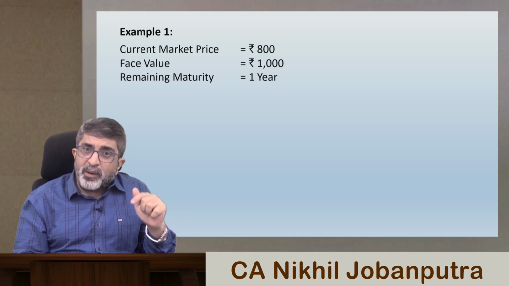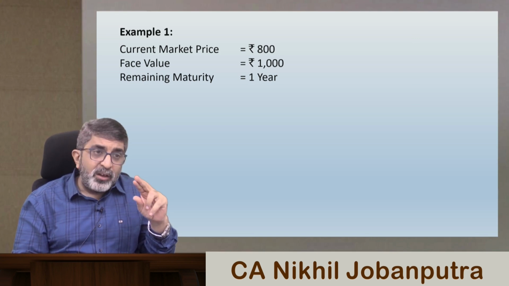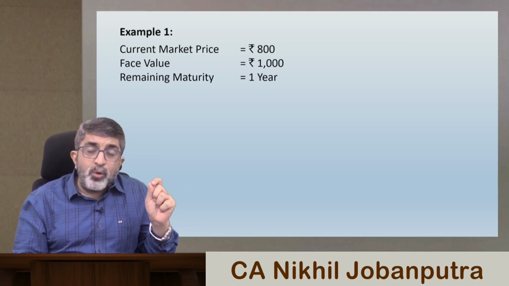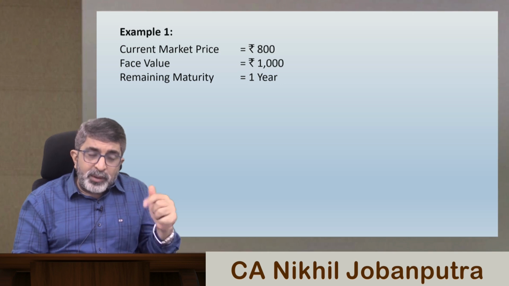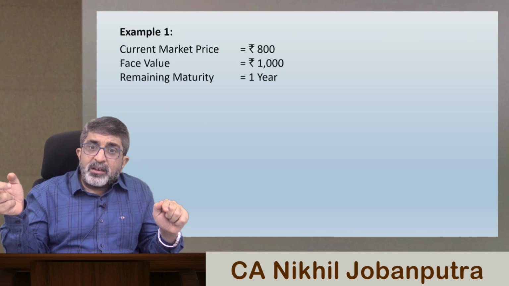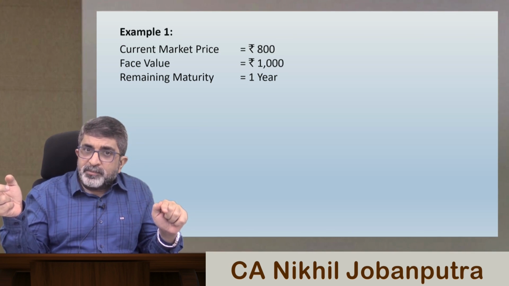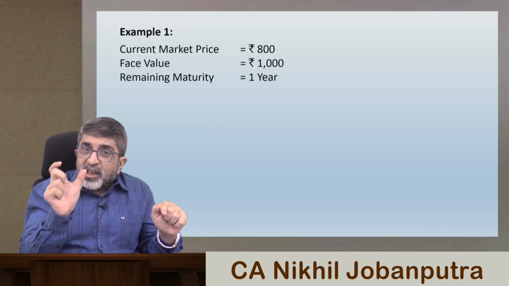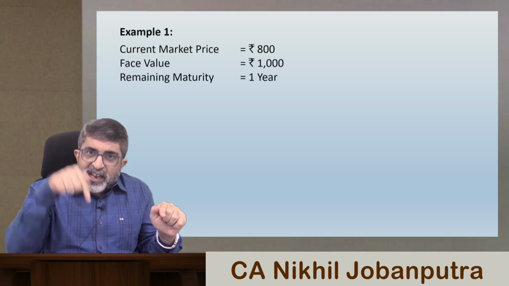In the same scenario, if I have to compute the bond equivalent yield, then it will not be computed that way. Bond equivalent yield is computed a little differently. There the objective of the investor is a little different. How? The investor believes this way: I am investing rupees 800 now and I am going to get back rupees 1000 after 1 year. That means what I am earning is 200 rupees by investing 800 rupees.